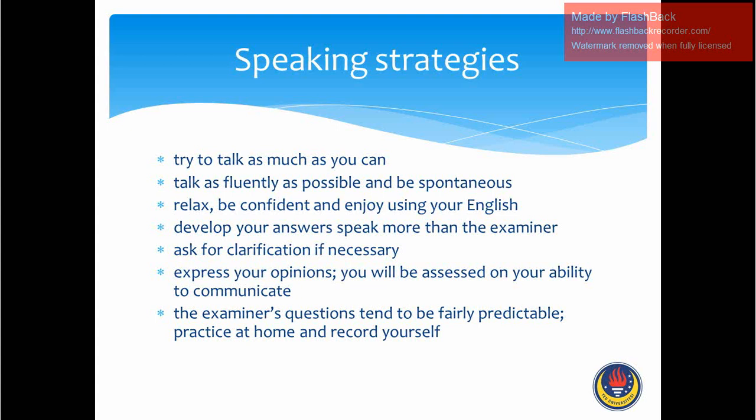Make sure you develop your answers. Make sure you speak more than the examiner. Develop your arguments. If you give an opinion, try to give examples, try to give reasons. And when the assessor asks you questions, you can ask for clarification.